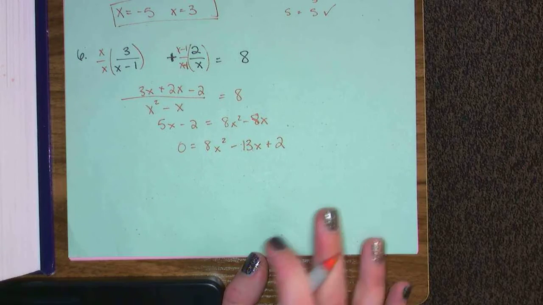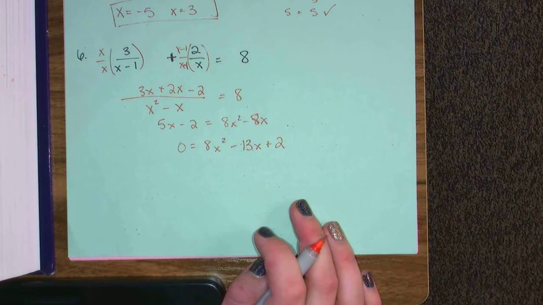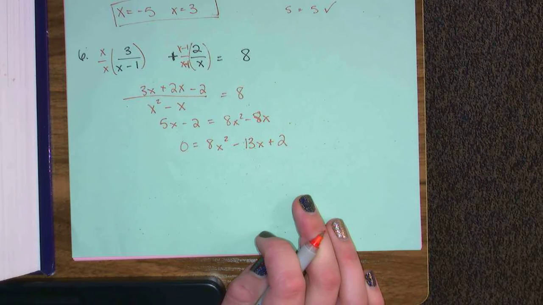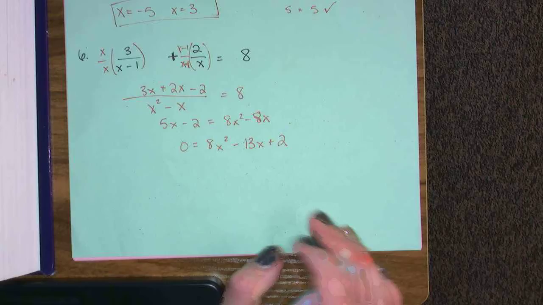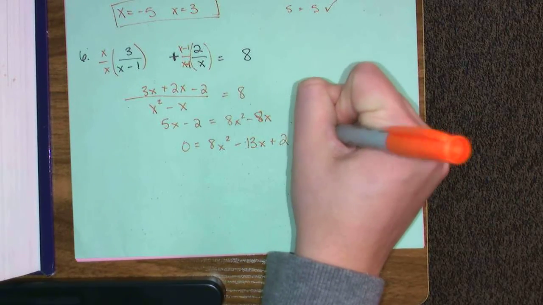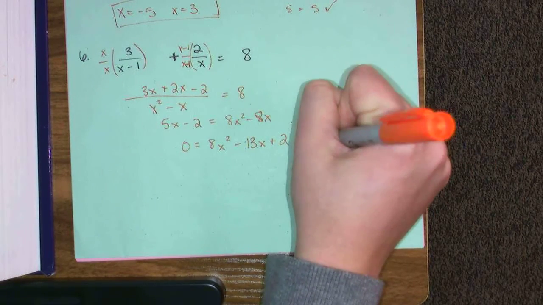And then is this something that I can factor? Okay, so with 16, my options are 4 and 4, 2 and 2.